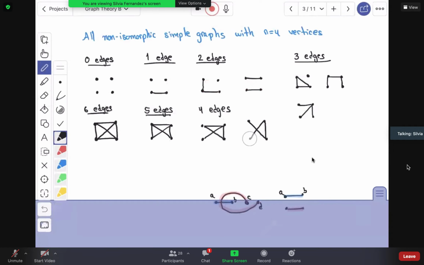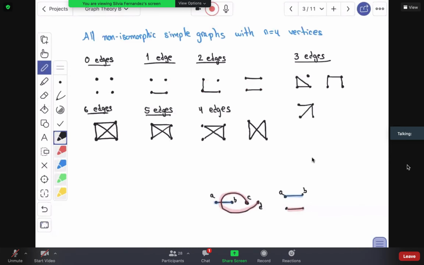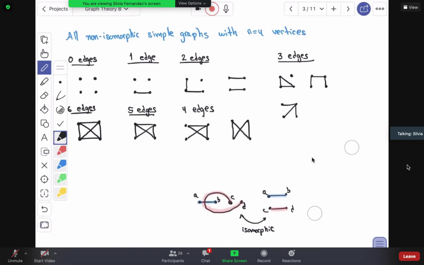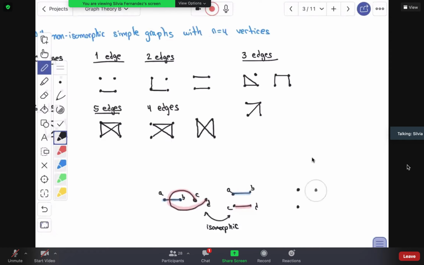So it will give me this one, which, by the way, I added here as another one of those examples, is isomorphic to just the square.